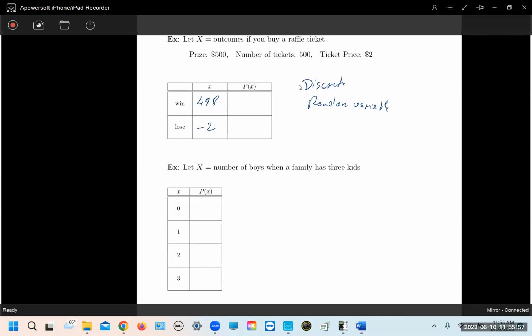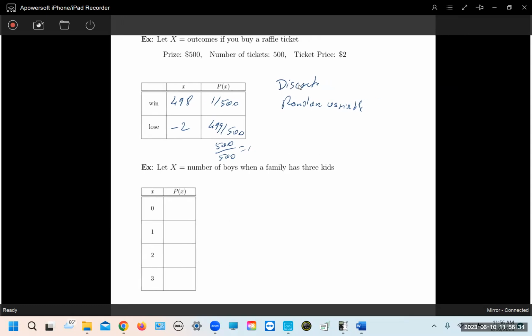If we win, we win 498. If we lose, only $2. And for the P of X, this one is 1 out of 500. That's just one chance we can win, right? Only one ticket can win. All the rest, we just lose. So we can add it up. This one is 500 over 500, with only one winning number.